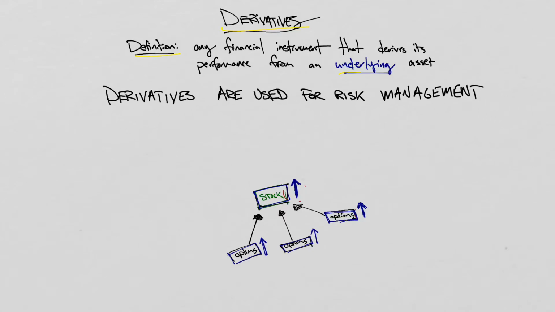If I have this stock and I'm worried about it falling in value, then the benefit that I can get from having an option on this stock is that, well, we'll go into the detail as to how this works later, but if I own this stock and the stock price goes down, if I buy the right option, I can make sure that this option goes up by as much as this stock goes down by.